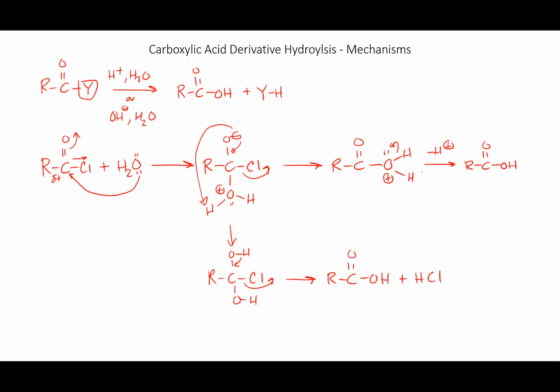So I lost the Cl minus first, and then I lose H plus. Both of these mechanisms, as far as we're concerned, are correct. I'm not quite sure which one is the true mechanism.